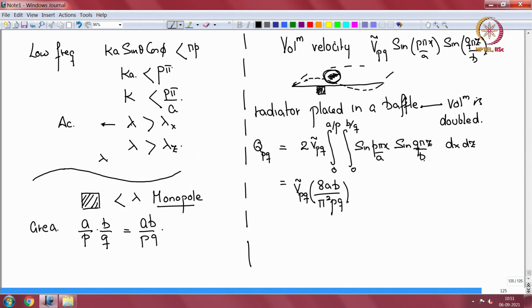Okay. So let's do this calculation now of computing the far field intensity of a monopole.